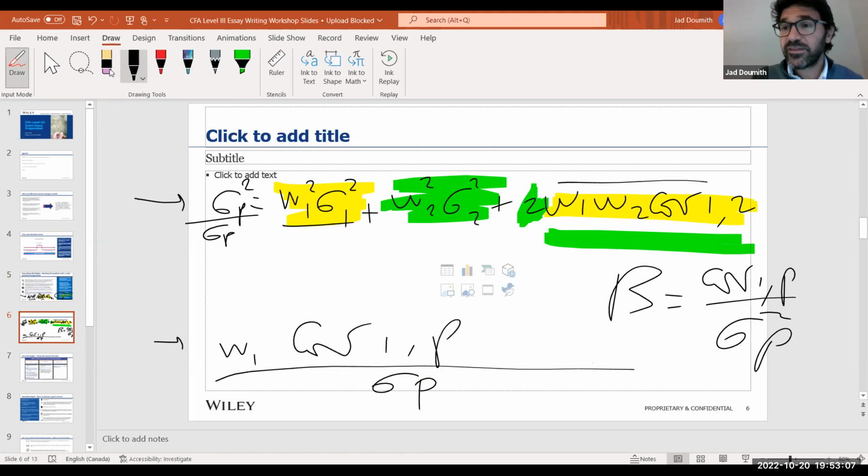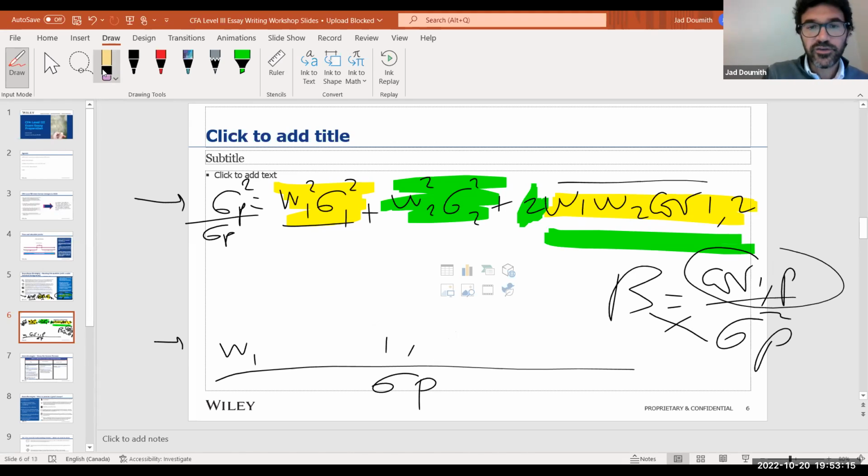So if beta is covariance 1p divided by variance p, then covariance 1p is beta multiplied by variance p. So I will take away covariance here and replace it with beta multiplied by variance p.